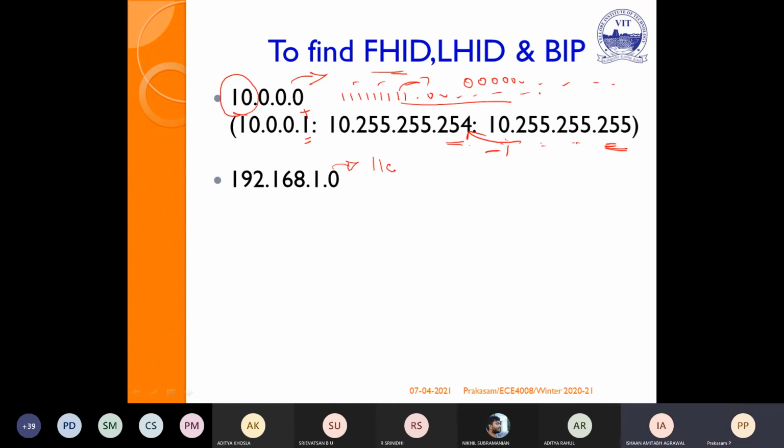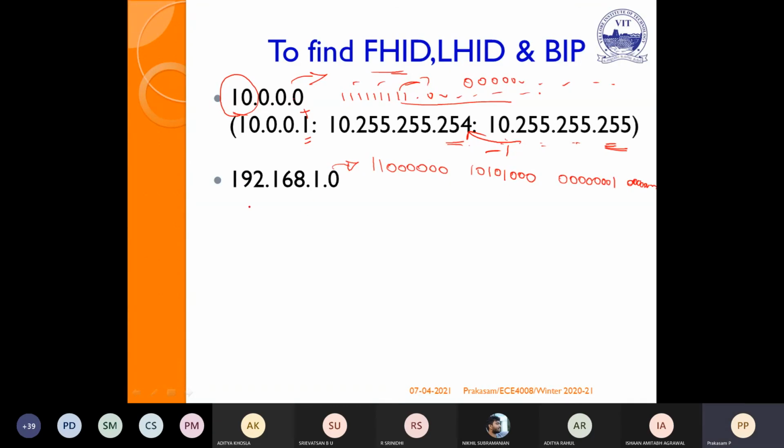Very good. Then for 168, 10101000. Then for 1, seven 0s followed by a 1. The last field is 8 zeros.